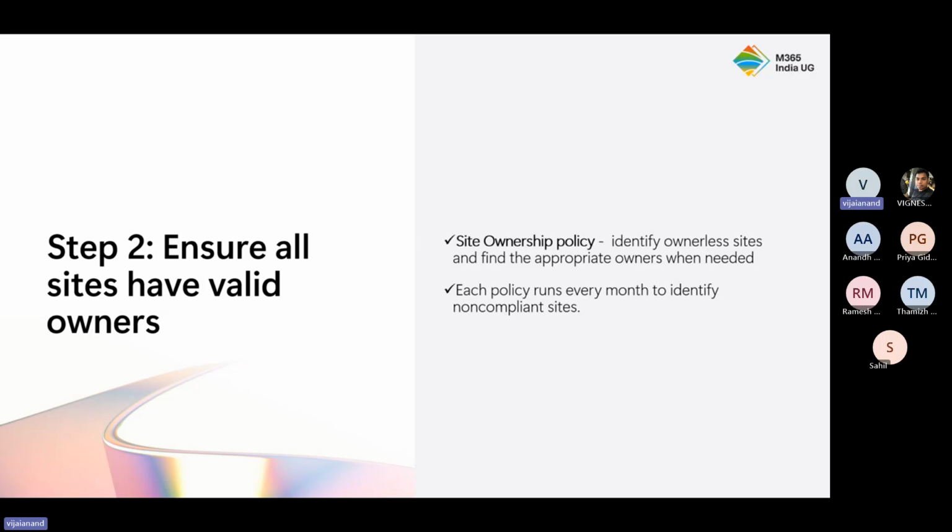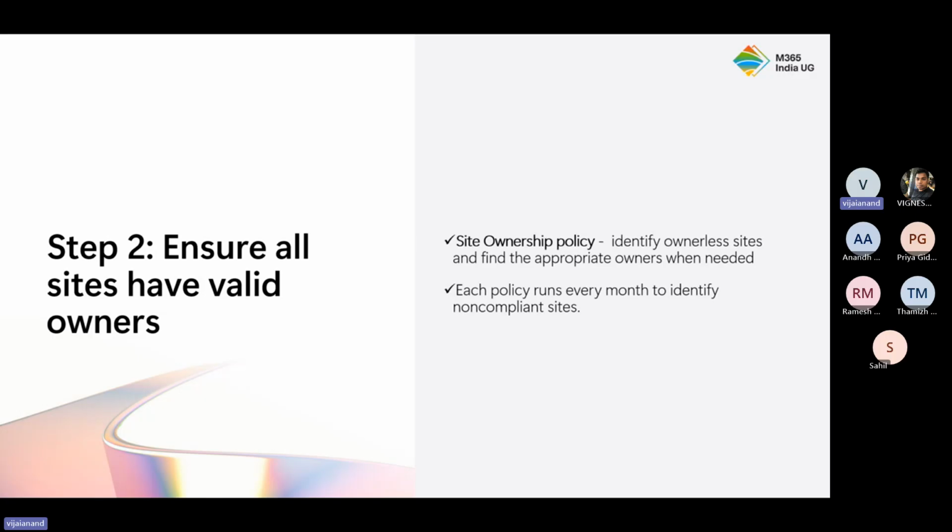But just to highlight one important thing: to manage the content sprawl, we need to clean up the inactive sites. In order to clean up the inactive sites, an owner should attest or confirm whether they still need that site or not. And the next thing is the oversharing problem, right?